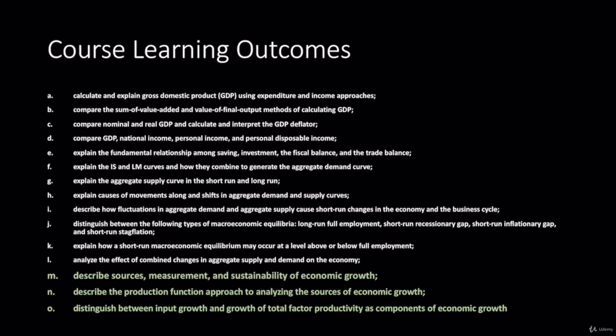So that Y bar, that full employment that we saw, how do we get that long-run aggregate supply to shift to the right and maintain growth in order to have equilibria that are sustainable, that are stable, that don't cause inflation or deflation or recessionary or inflationary gaps?